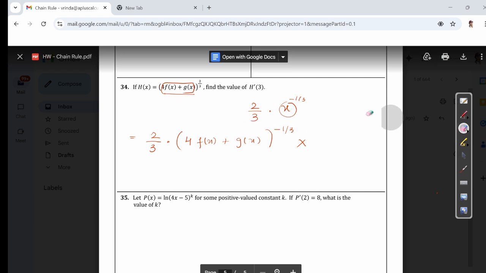So the derivative of these things is 4 times f prime x plus g prime x.